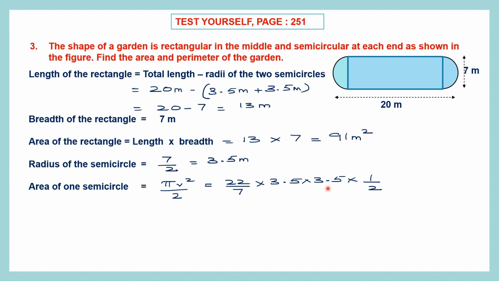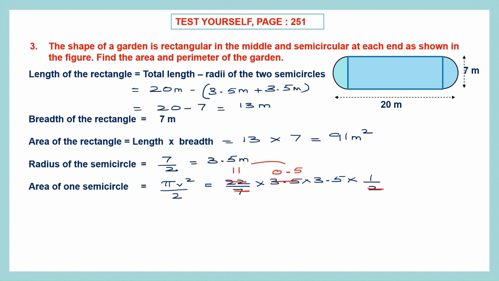Now cancel. Let's cancel 2 and 22. So 2 into 22, 2 into 11 is 22. I can cancel 7 and 3.5. 7 into 5 is 35. So 7 into 0.5 will give us 3.5.